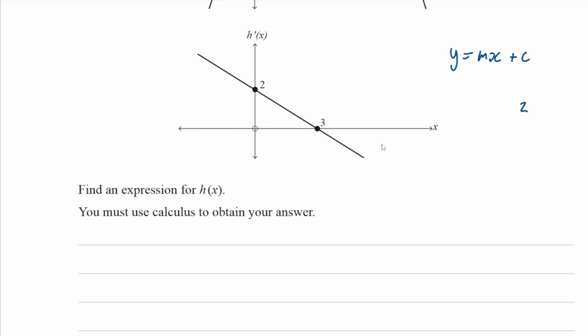The gradient is the rise over run between 2 points, so we go down 2 is our rise, and to the right 3 is our run, so our gradient is negative 2 over 3, giving us our equation of the line as y equals negative 2/3 x plus 2.